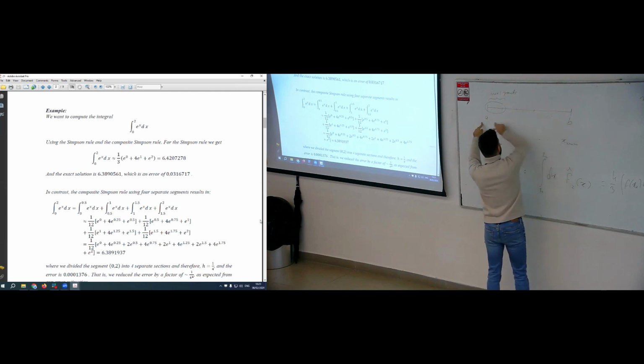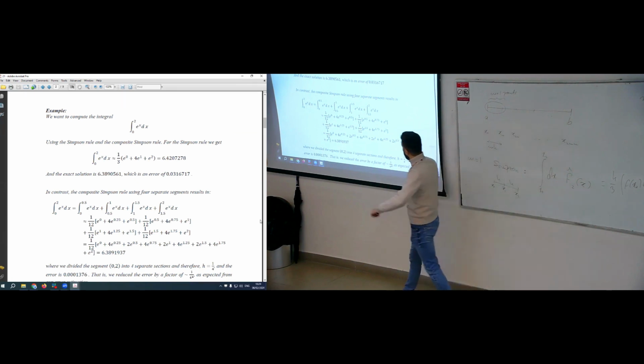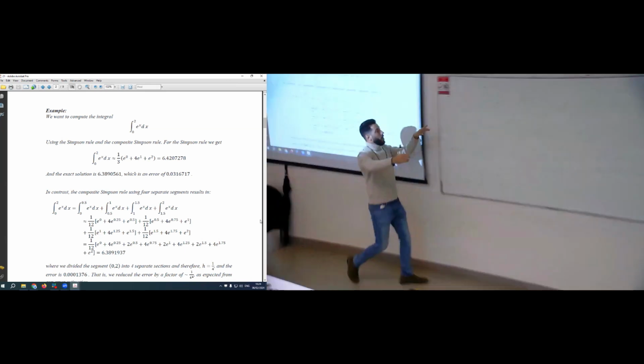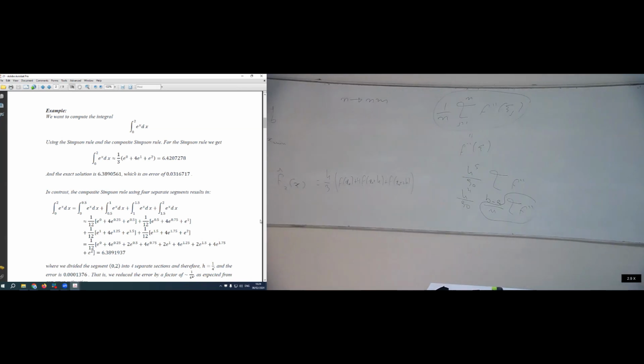And I calculate the same integral using another h. What is h here? I take n to be 4, and the segment is 1/2, and h is 1/4.